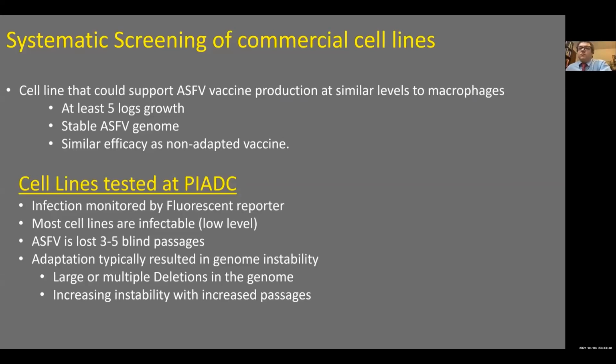We took a fluorescent reporter virus to monitor infection, and almost all cell lines are somewhat infectable at a very low level. However, ASF is lost with 3 to 5 passages in most cells. Adaptation typically resulted in genome instability and large or multiple deletions in the genome, and increasing instability with increased passage in various cell lines.